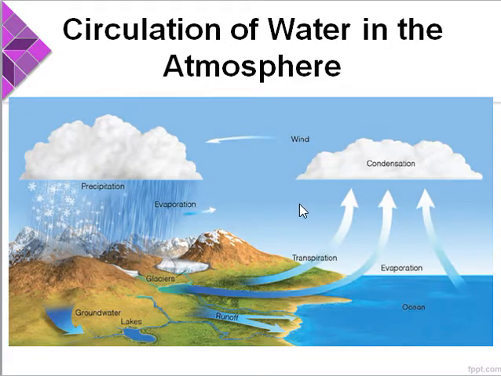In the form with which we are most concerned, water molecules travel from the ocean to the atmosphere, and to land, and then go back to the ocean, in the form of runoff and groundwater, then percolation in the ground, and it will be released in lakes and then go to the ocean again through rivers and streams.